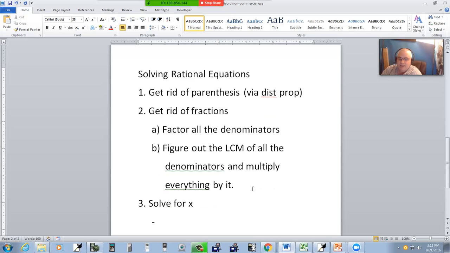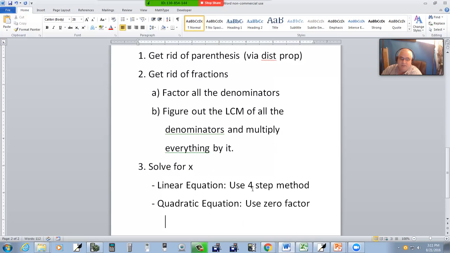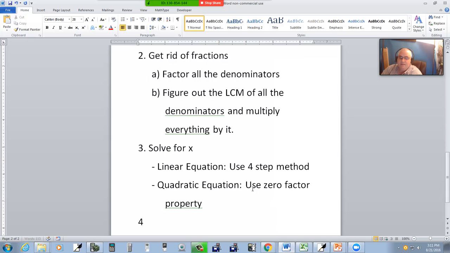That's what we're doing initially. But it'll either be a linear equation at this point, which then you use the 4-step method we just looked at for solving linear equations, or it'll be a quadratic equation. Quadratic means you have an x squared, and we would use the zero factor property for this. And then step 4, semi-check your answers. And we'll talk more about that when we look at our first example.